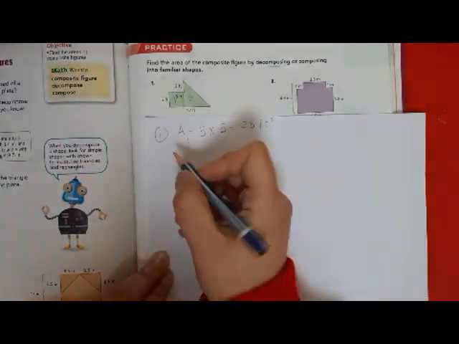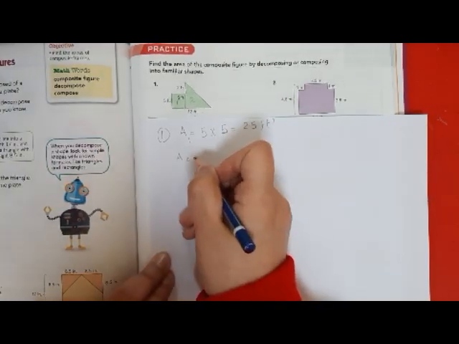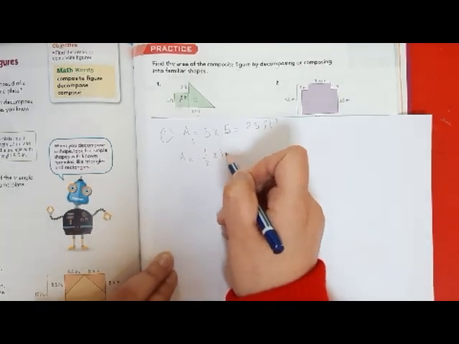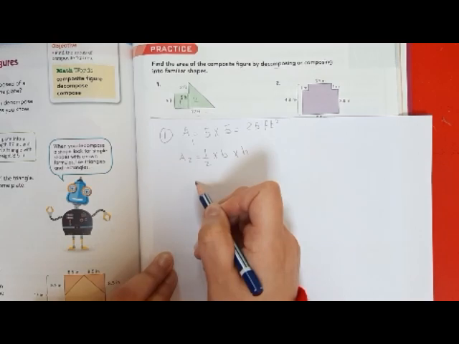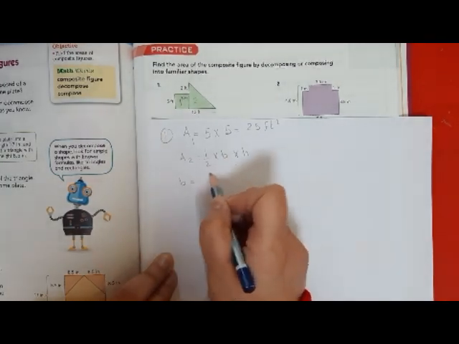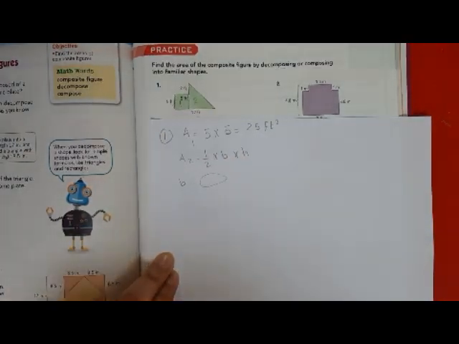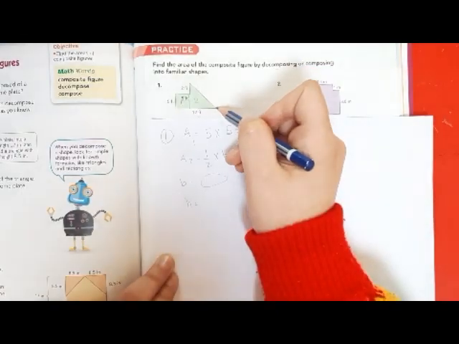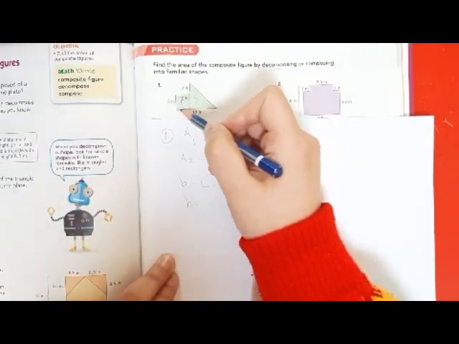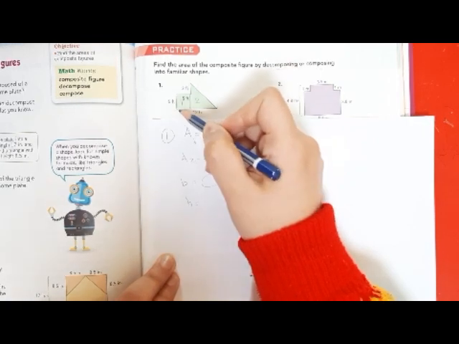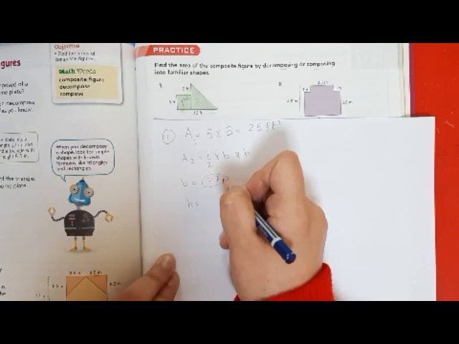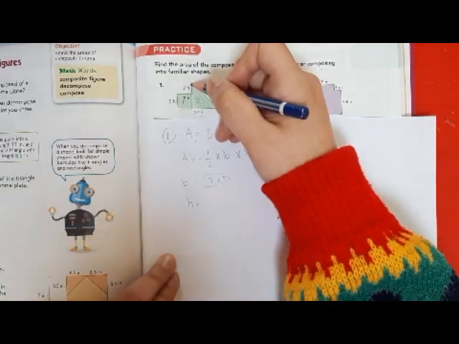What about number 2? Shape number 2 is a triangle, so it will be half times b times h. I want to get this base and this height. B equals 12 minus 5, which equals 7 feet. What about the height?